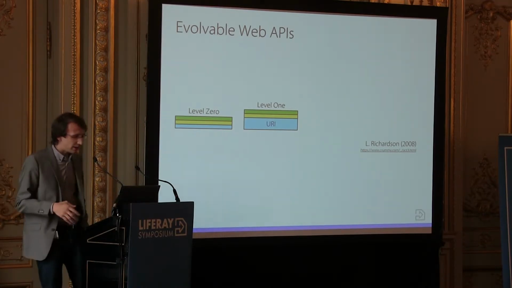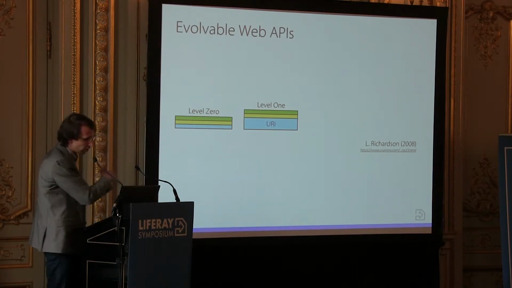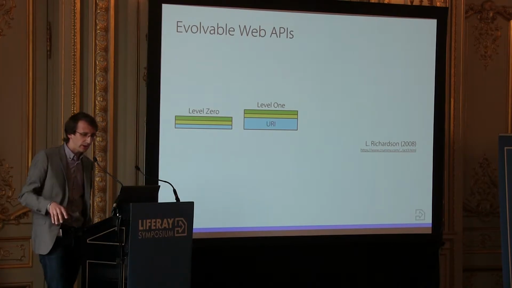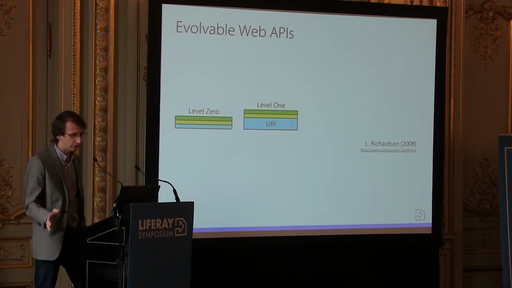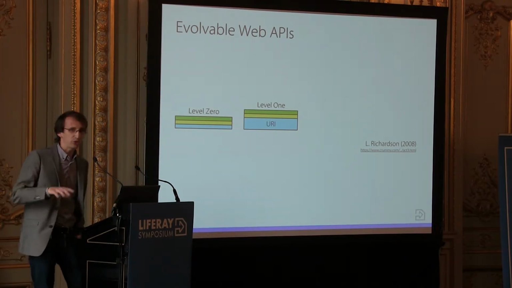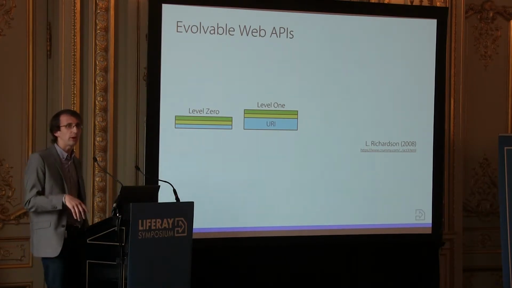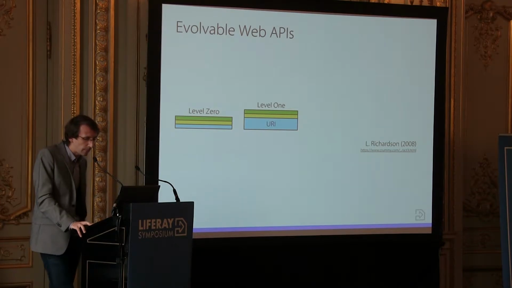Liferay's JSON API is somewhere in between those two. We do have different URLs for services, but we are not resource-oriented at all. Probably everyone knows our JSON web services.